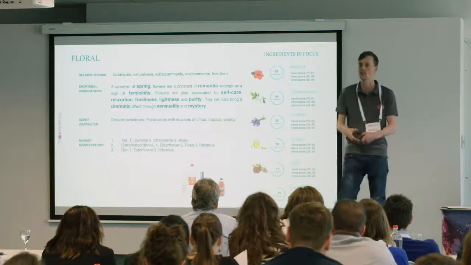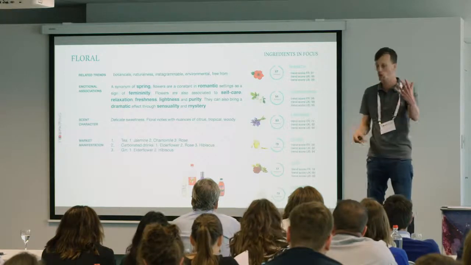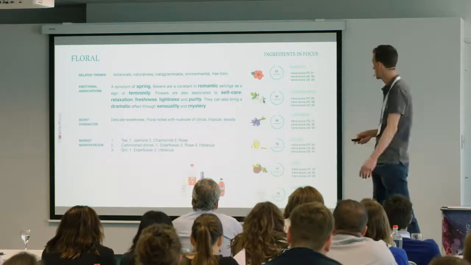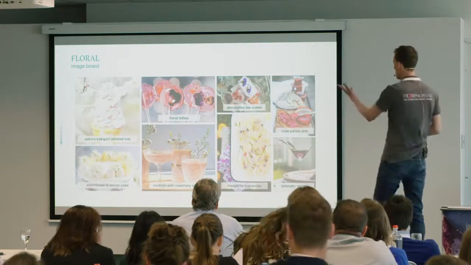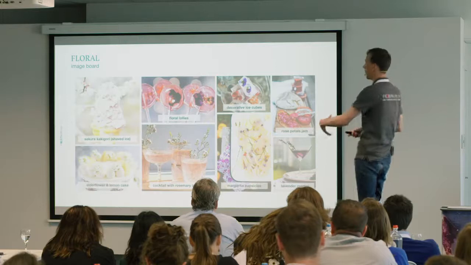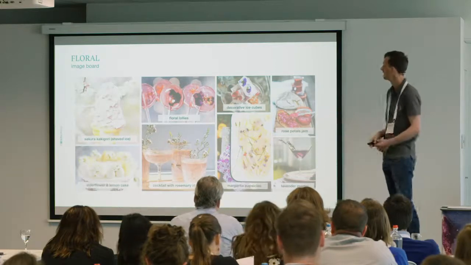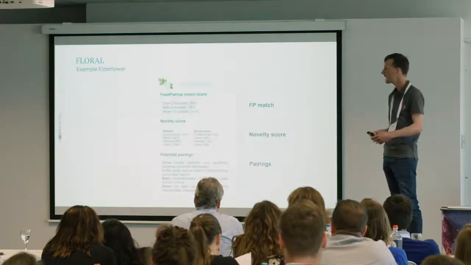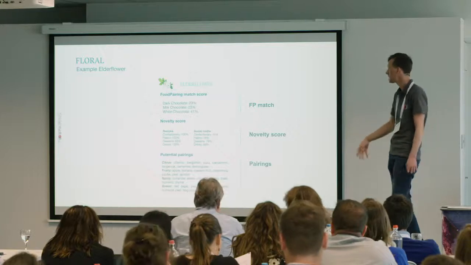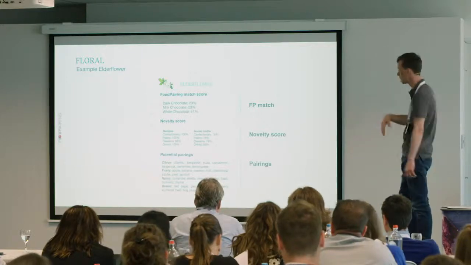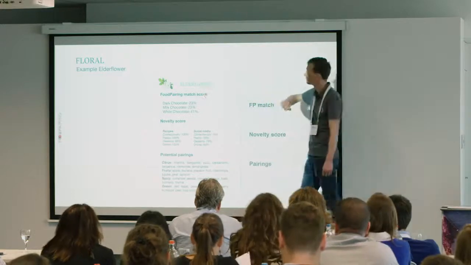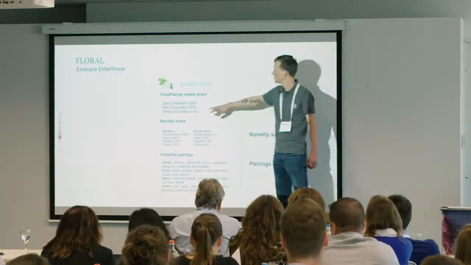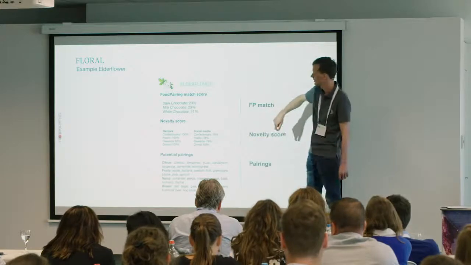So that gives us insight per market on floral, how trending certain ingredients are. We can then extract images from Instagram, for example, to demonstrate what floral is about. And then we can give insight, for example, if you talk about chocolate: okay, elderflower is one of the trending ingredients. What is the match to chocolate?